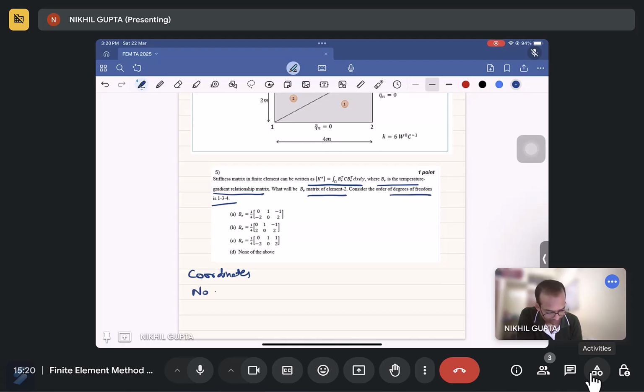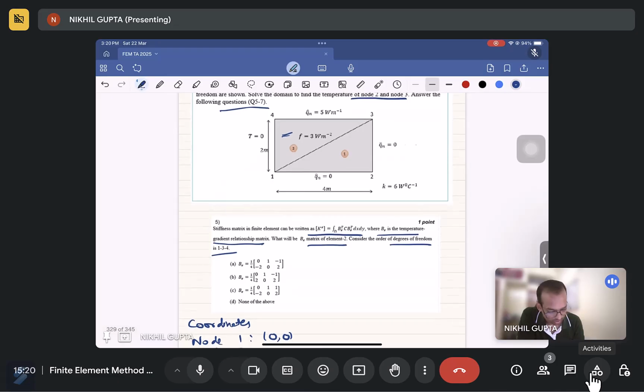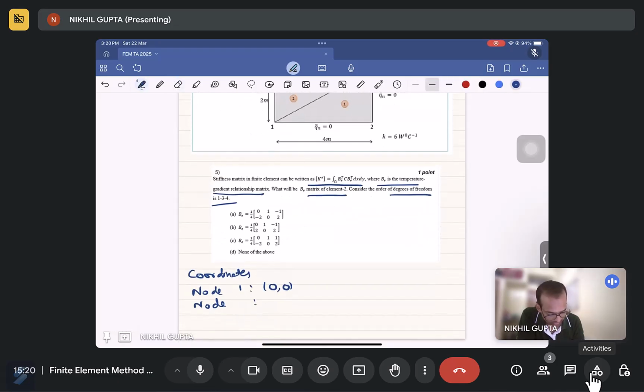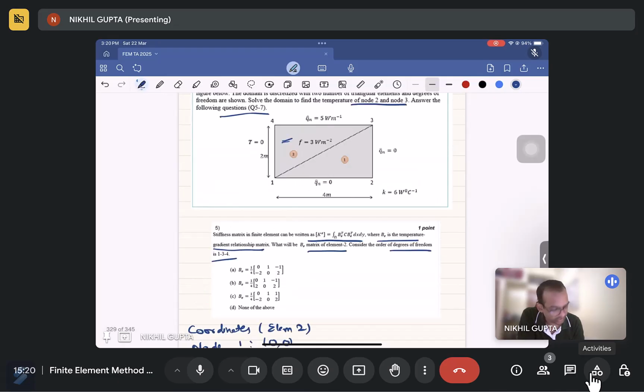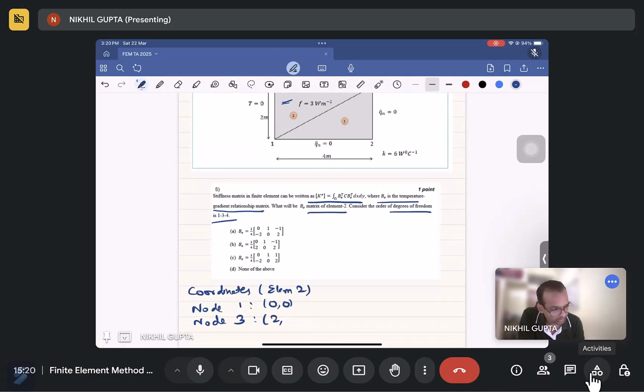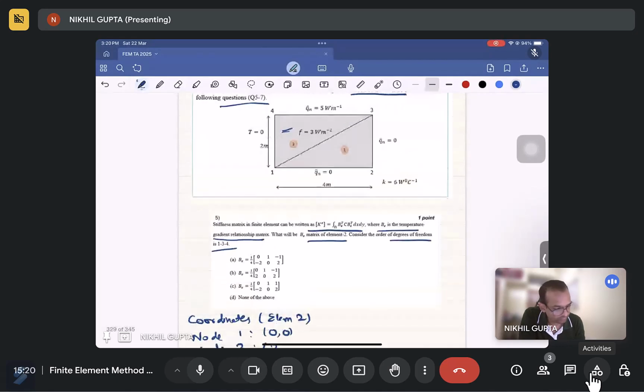Node 1 is 0 comma 0, and node 3, because we are talking about element 2, will be, no, not 2 comma 2, it should be 4 comma 2.